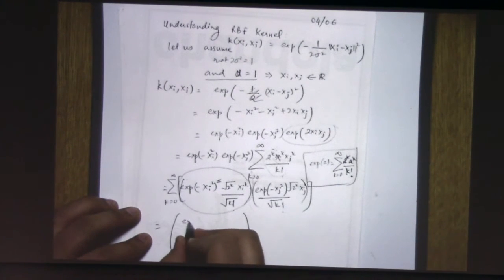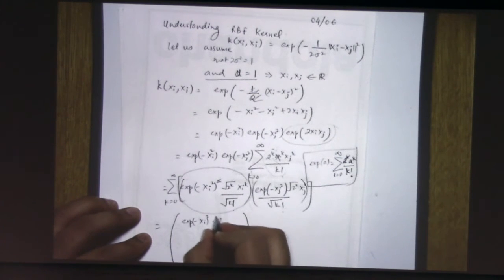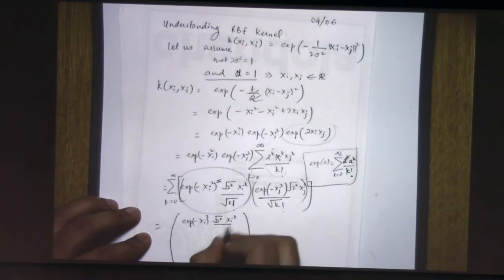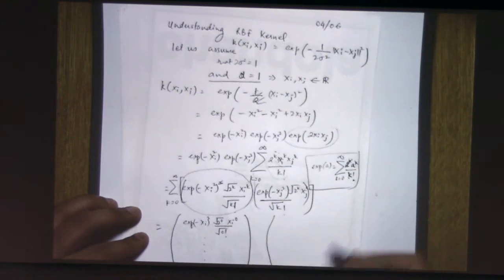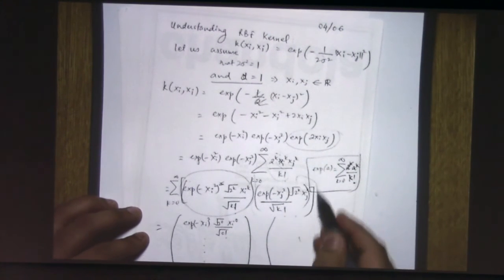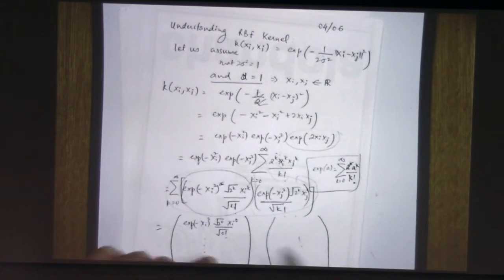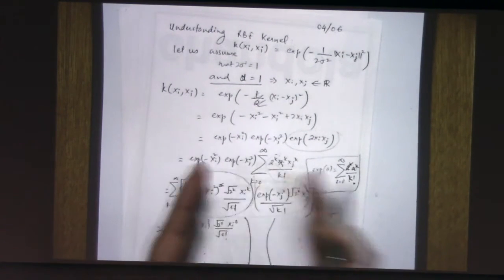So it is going to be exp minus xi square times under root 2 power 0, xi raised to 0, whatever, 0 factorial, and then 1, 2, 3, all the way there. And you can think of this also as a vector. This thing is nothing but an inner product, a dot product, between this vector and this vector.